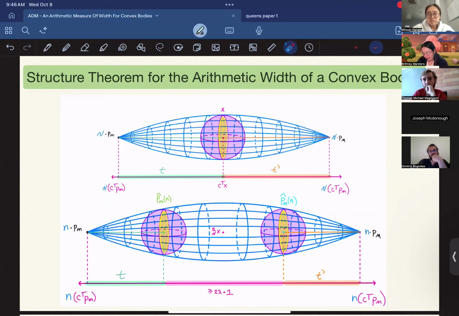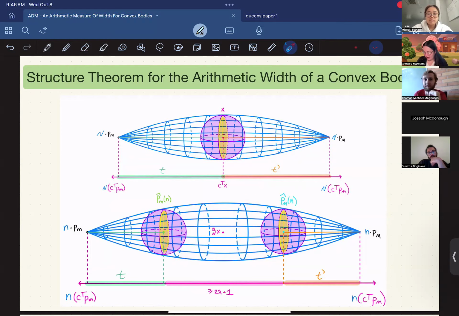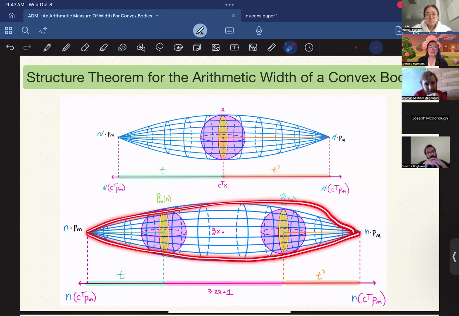This slice is big enough to have a lattice point, and this slice is big enough to have a lattice point, which means the circles in those pre-images of the lattice will be big enough to have a lattice point. So everywhere I can have a lattice point, I'm going to have one in the pre-image. And I'm going to get that step size by thinking about the ambient coset of the integer lattice that this lives in.